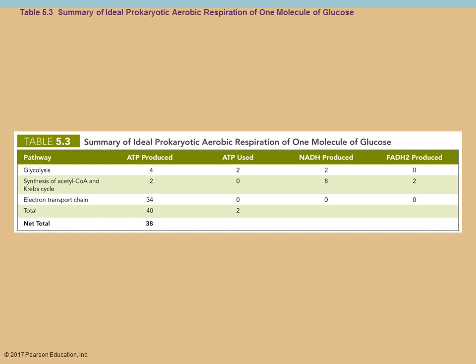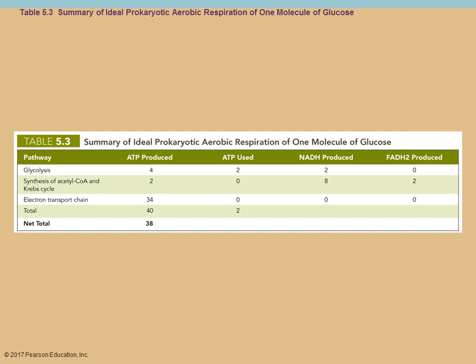So 4 from the FADH2, 30 from the NADH, and that's where they got the 34 from the electron transport chain. So you add all that up and you can see that you produced 40 ATPs. However, you needed 2 in the very beginning of glycolysis, so your net total is roughly 38 ATPs. This is in a prokaryotic cell.